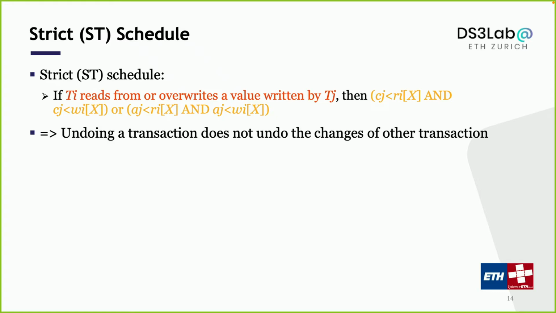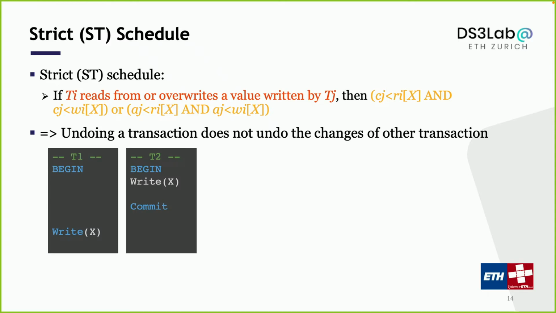So if you have a strict schedule, undoing a transaction not only doesn't cause cascading abort, but also doesn't undo the changes of other transactions.